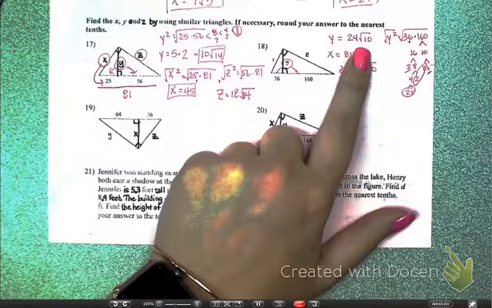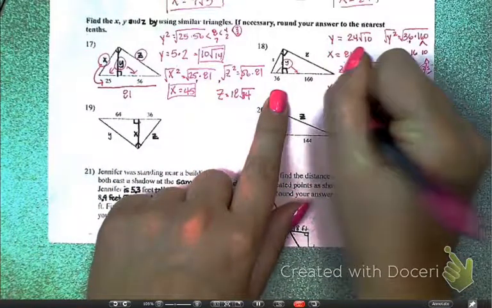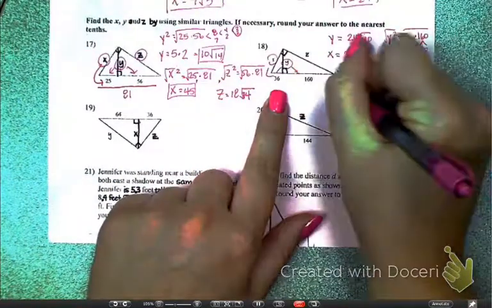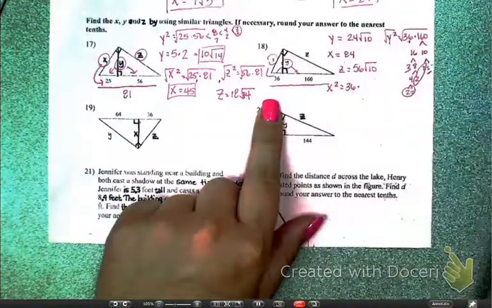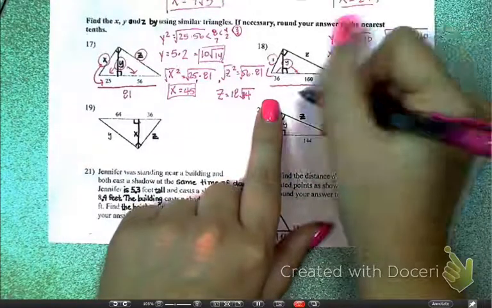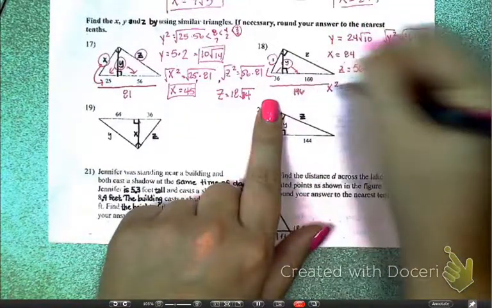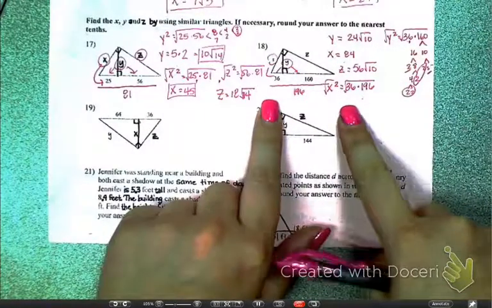Are you okay with y? Okay. I'm also asked for x. So x squared equals 36 times the whole thing, which is what? 196. When I take the square root, 36 is 6.